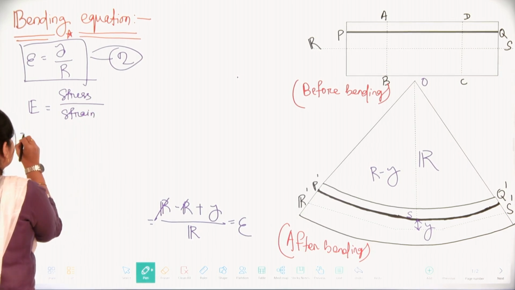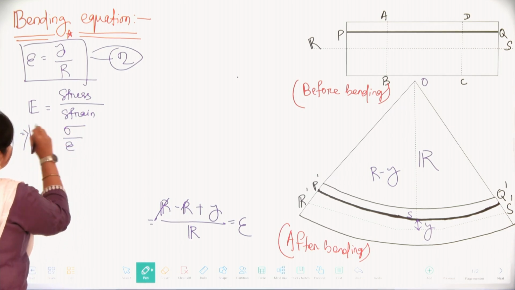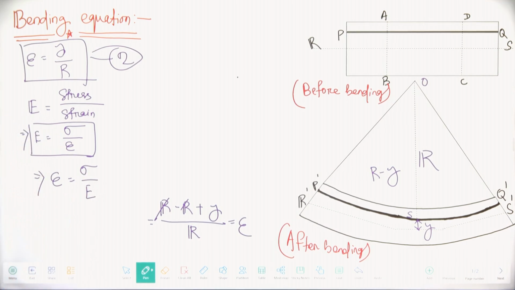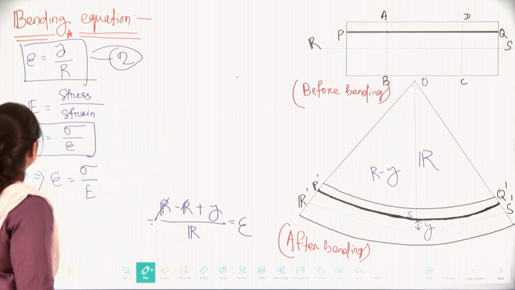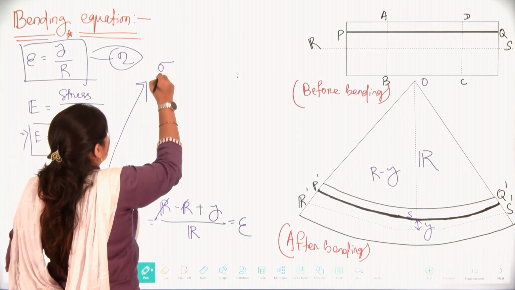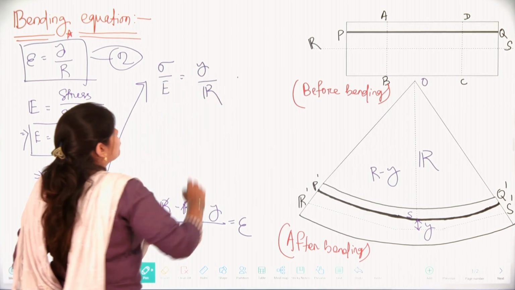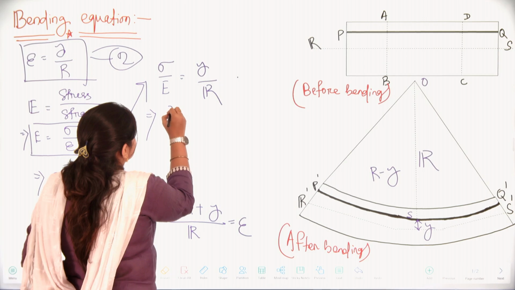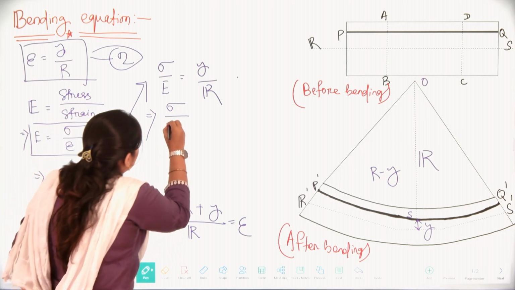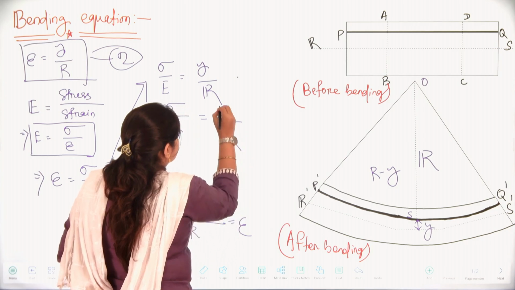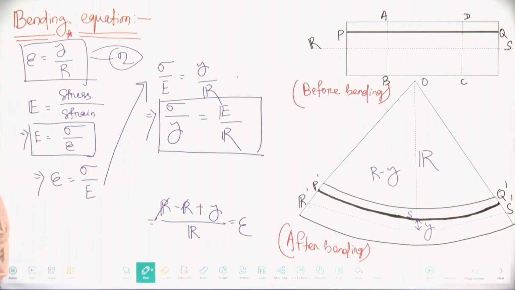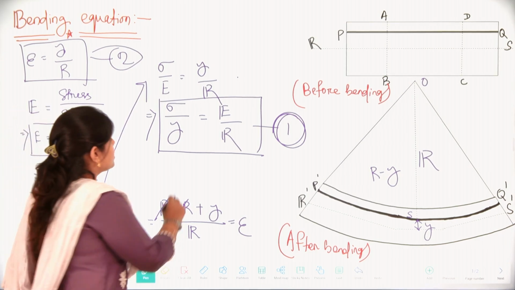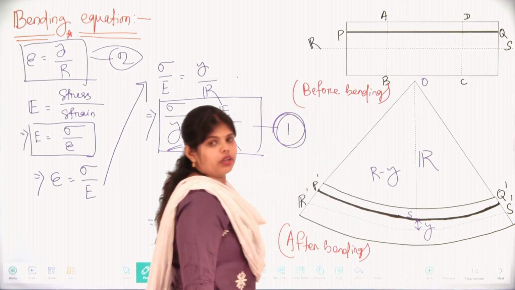We can write E equals stress upon epsilon, and also epsilon equals stress upon E. So now we can write sigma upon E equals y by R. We can also write sigma by y equals E by R. So here we have the first bending equation, sigma by y equals E by R, where y is the distance from the neutral axis.